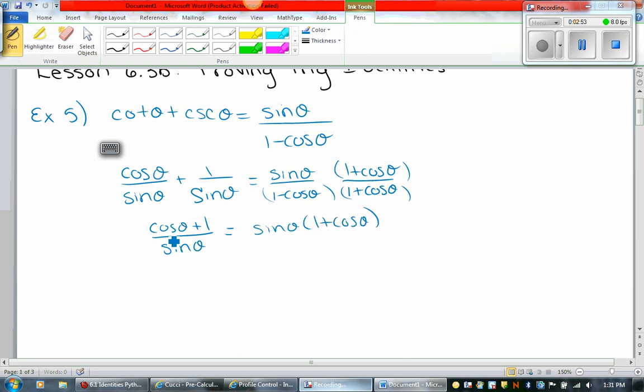Because if we think about it, cosine theta plus 1 and then cosine theta plus 1 is over here. I want to see if I can't maybe get rid of this sine. So 1 times 1 is 1 minus cosine squared theta. Okay, so what should be jumping out at you is this 1 minus cosine squared theta. Again, that's from your Pythagorean identity. Okay, 1 minus cosine squared theta equals sine squared theta.